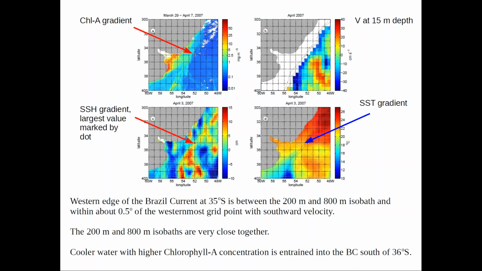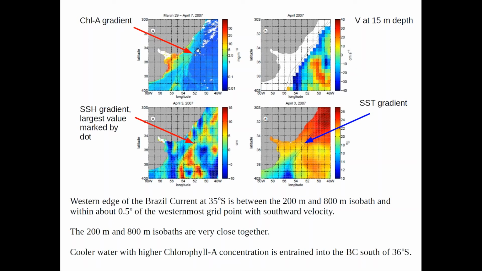Then I was also just trying to see how it compares with satellite imagery versus the location of the Brazil current. And this little black dot that you can hardly see, which is pointed out over here, is basically the largest sea surface height gradient at this latitude. And I'm showing the same dot in all the other panels.